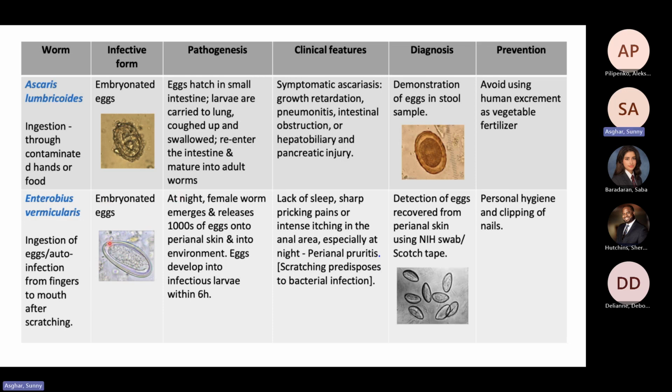Right? It's embryonated eggs. The way that we can get this is basically by ingesting eggs or autoinfection. Again, this is the same thing from our hands to mouth after scratching.